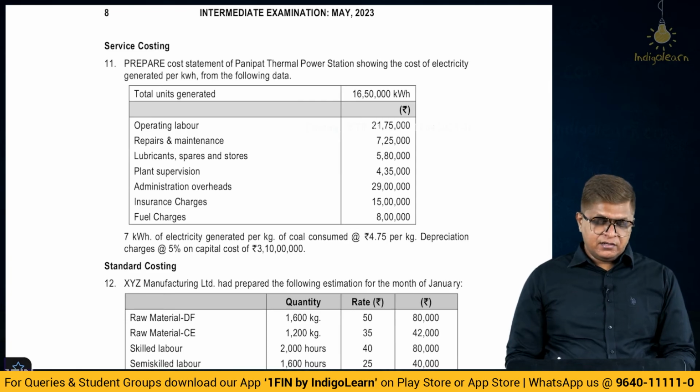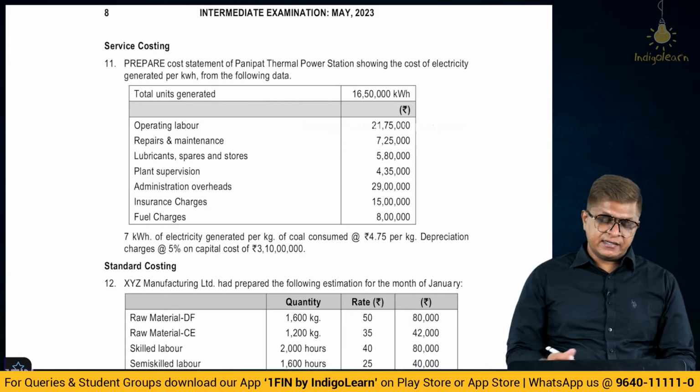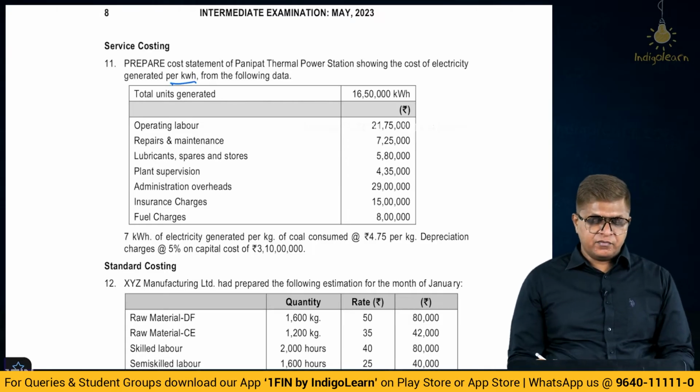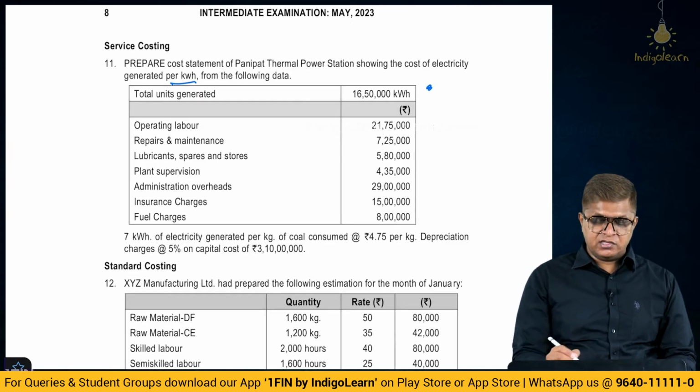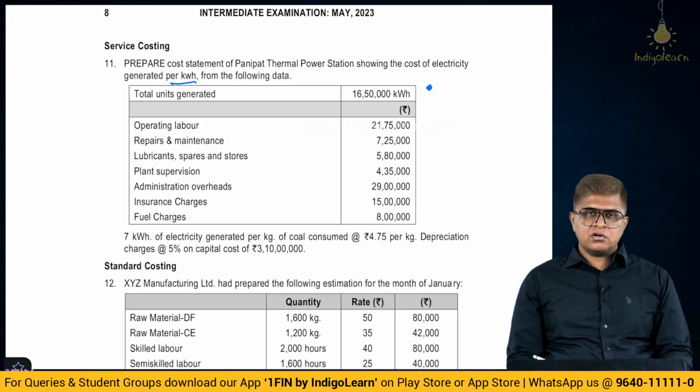So question 11 looks to be a small question from service costing. Prepare cost statement of Panipat thermal power station showing the cost of electricity generated per kilowatt hour from the following data. The total units generated are 16,50,000 kilowatt hours. Whatever is the total cost, we will divide by 16,50,000 to arrive at the cost per hour.